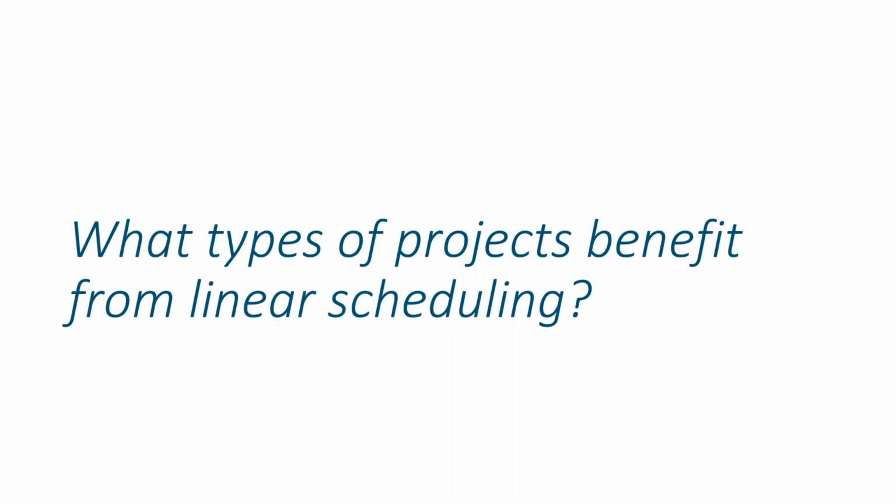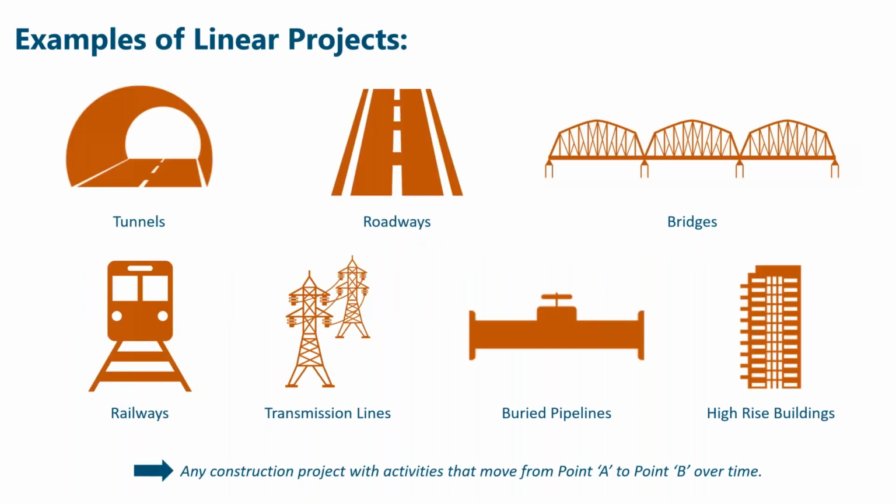Thanks for joining us. We'll start off just by talking a little bit about what types of projects benefit from this method of linear scheduling. You can see that projects that are long in nature with a horizontal alignment, like tunnels, roadways and bridges, railways, transmission lines, all of these projects are stretched out over location, over long distances, pipelines, and also vertical projects such as a high-rise building.